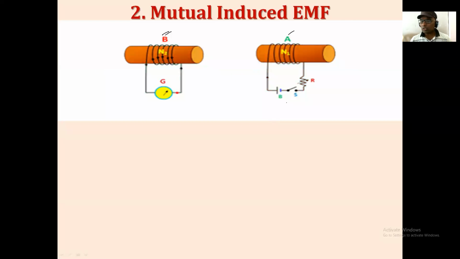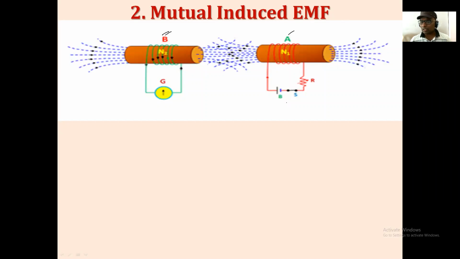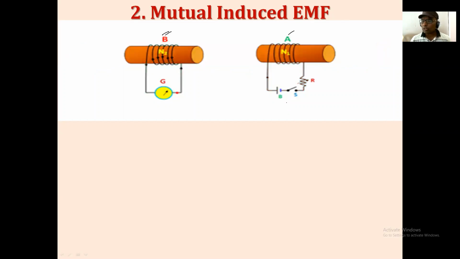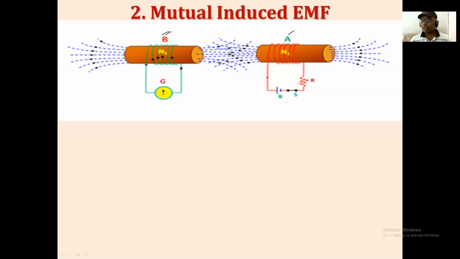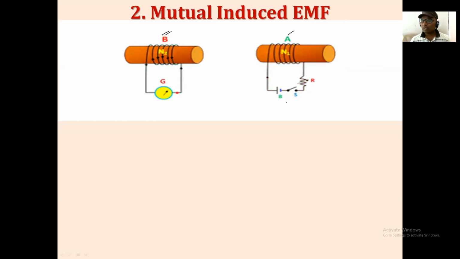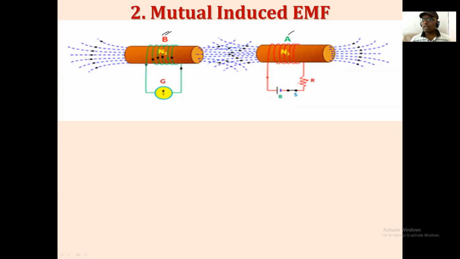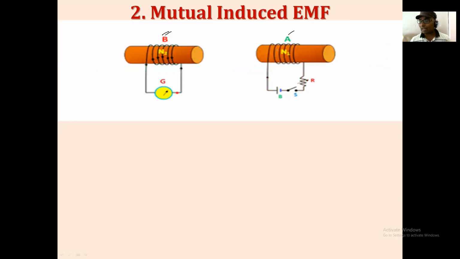And if you do this continuously, the value of current flowing through the coil changes continuously. And as the current value goes on changing, definitely due to this change in current, a change in magnetic field is produced by solenoid coil A. Who produces the change in magnetic field? Coil A produces it.